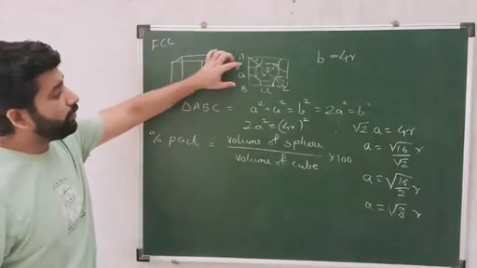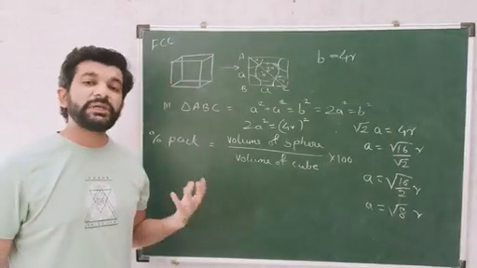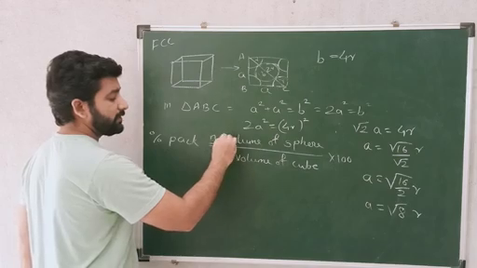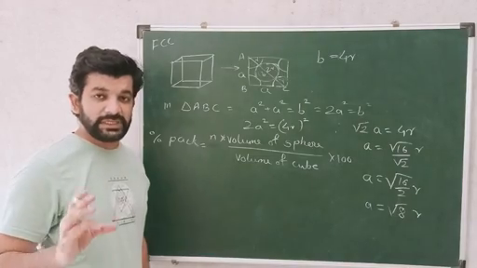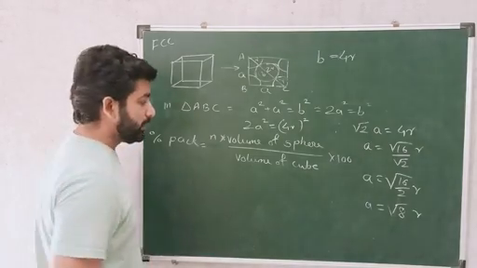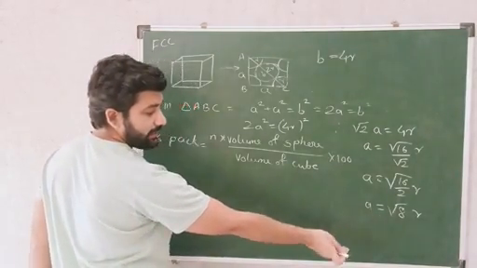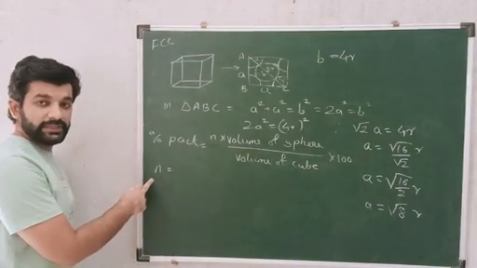But when we go through the structure of this crystal unit, we should know how many spheres there are. So we multiply this volume of sphere by n, where n is the total number of atoms present in that crystal unit. The volume of cube can be written as a cube, and we know the value of a, so we can substitute it.